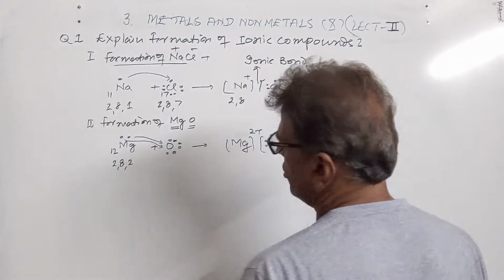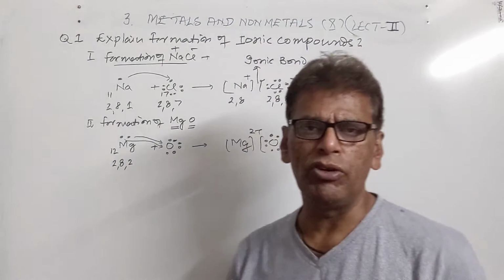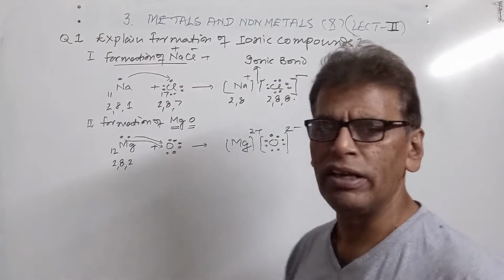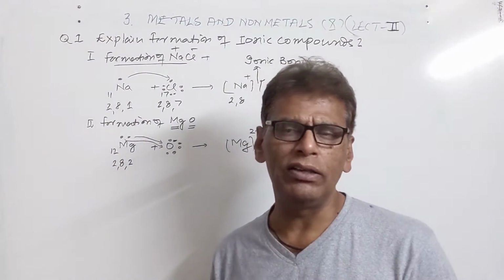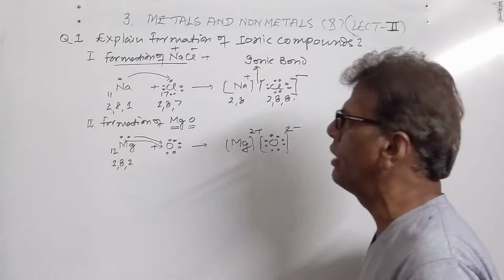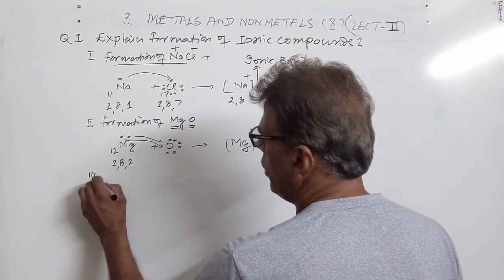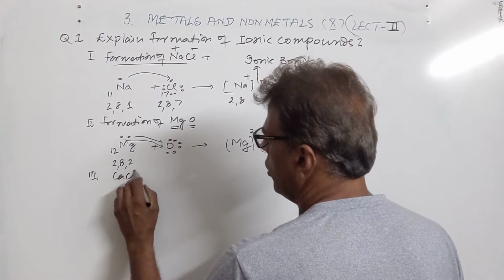The electrovalency of magnesium is 2 since it is donating 2 electrons, and that of oxygen is also 2, it is gaining 2 electrons. Electrovalency of sodium is 1, Cl is also 1 since they are losing and gaining 1 electron. Then we have the formation of CaCl2.